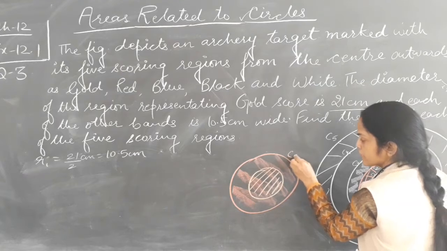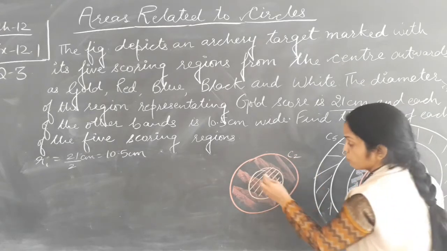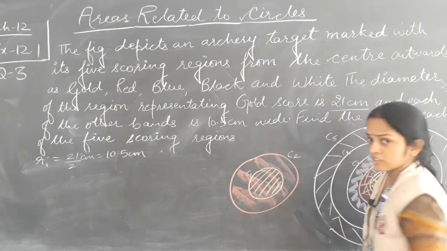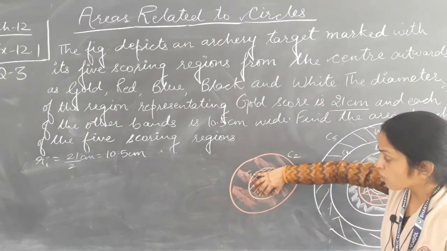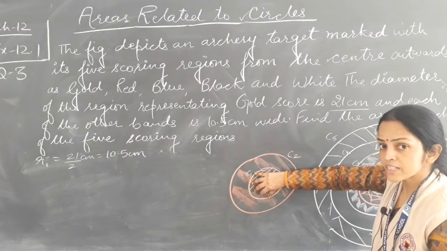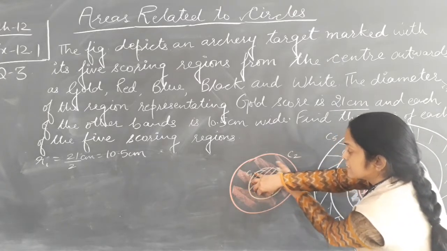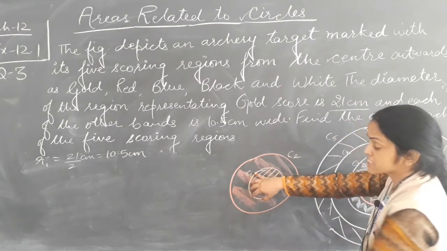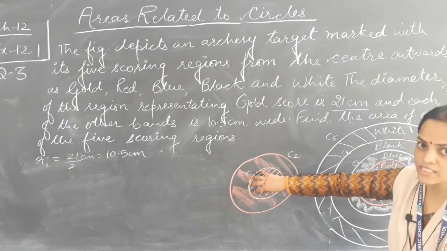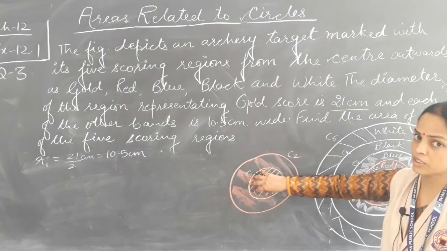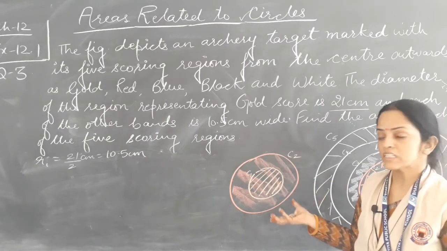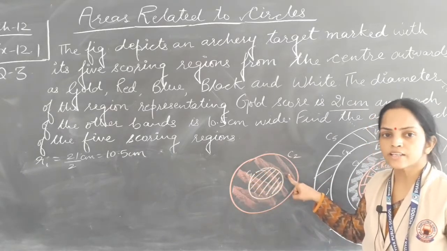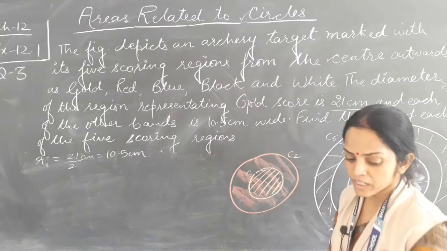If from this area of C2 we will deduct area of C1, that means area of C2 minus area of C1 will give us area of this ring. Already in first class of this chapter we had discussed how to find out area of ring. So area of C2 minus area of C1 will give us easily area of red region, right? So the same pattern we will follow.